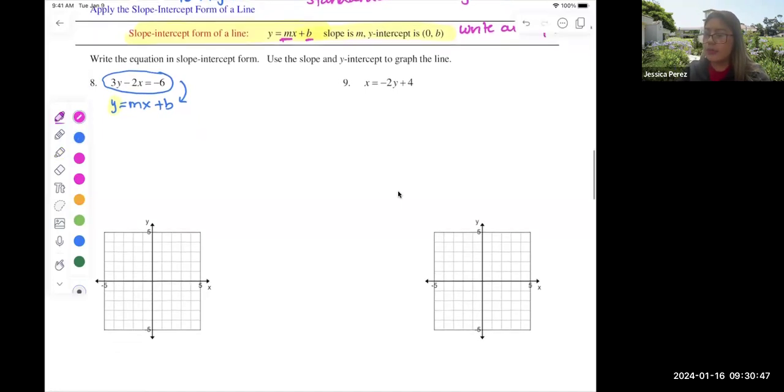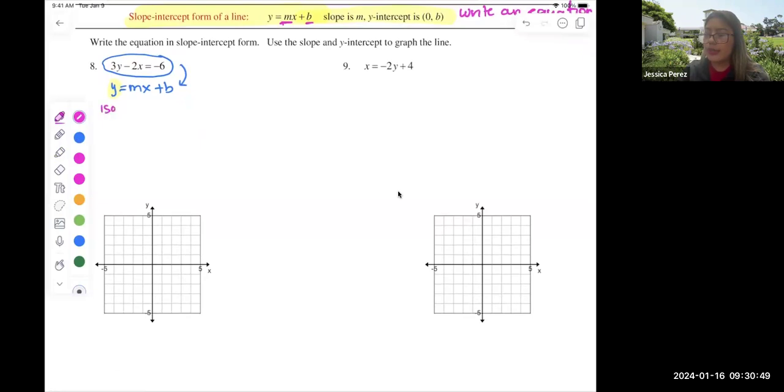So what we want to do first is isolate y. I'm going to start by bringing the 2x over, so I have 3y equals positive 2x minus 6, because the 6 doesn't change.